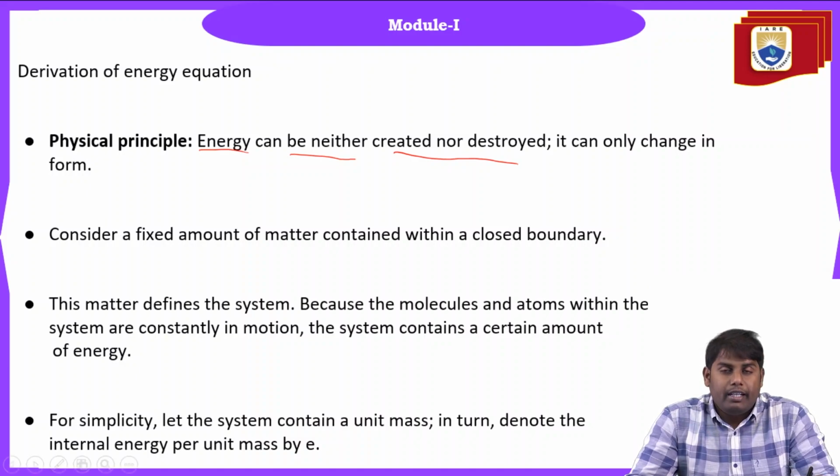So basically, the conservation of energy means we can change one form of energy to another. Let's say we have mechanical energy, and that mechanical energy is converted to electrical energy. For example, take dams, where we generate hydro power.